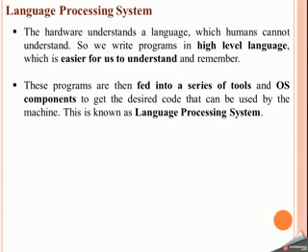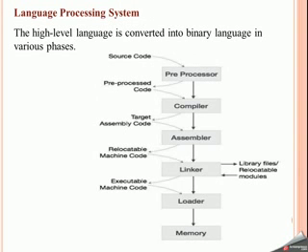In order to explain what a language processing system is, I've even come up with this particular diagram comprising the different tools that a language processing system has, and how the source code is taken by the different tools of the language processing system, and how the target code is finally loaded into the memory. That is all described using this particular block diagram.